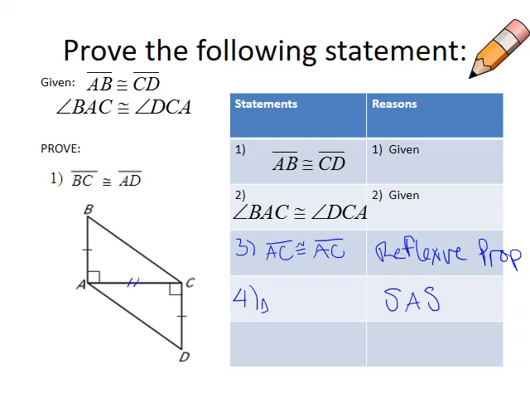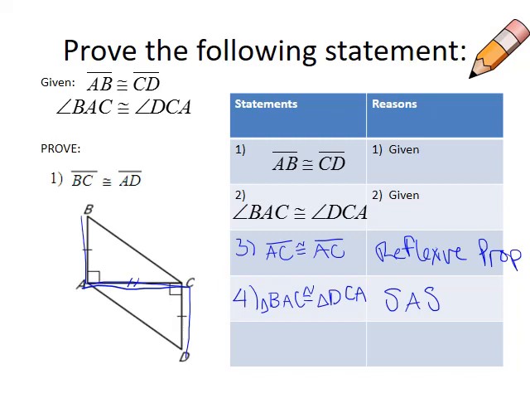We know that triangle BAC is congruent to triangle DCA. We want to make sure that our congruent statement has corresponding angles and side lengths, so if I started with BAC, then I have to do DCA for my 2 triangles.